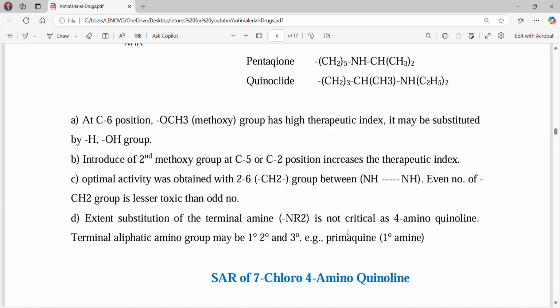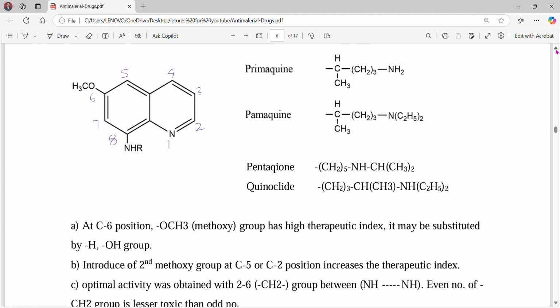The terminal aliphatic amino groups may be substituted with primary, secondary and tertiary groups. Now a new category of drug arises, that is primaquine, in which the terminal carbon atom is substituted with this type of bridge.